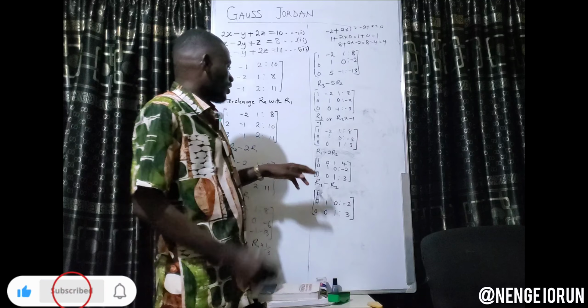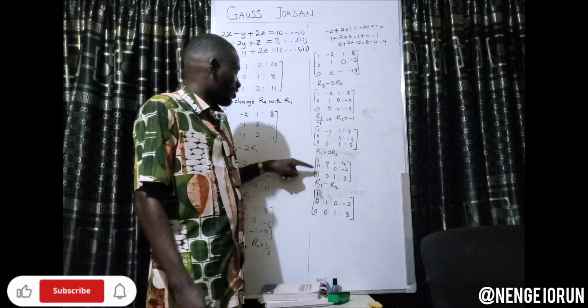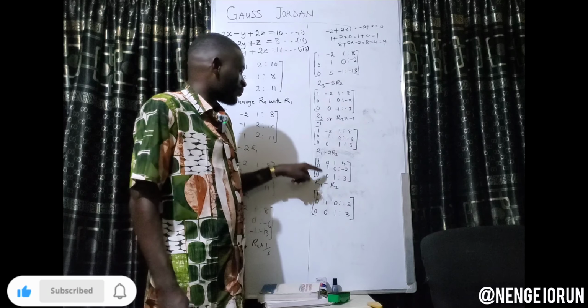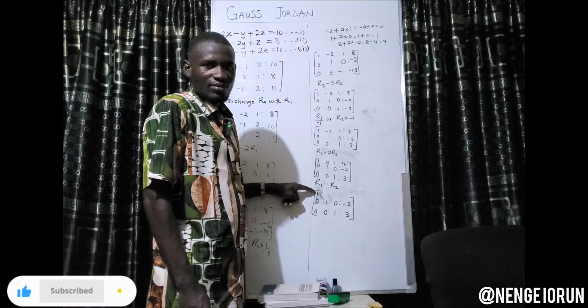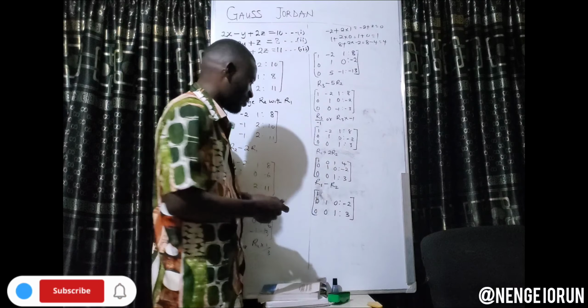So now, even if it is not standing, since we said row 1 minus row 3, row 1 here, 1 minus 0, 1. 0 minus 0, 0. 1 minus 1, 0. 4 minus 3, 1. So we have all our answers. So this one too is the final point. This is the last point for Gauss-Jordan.